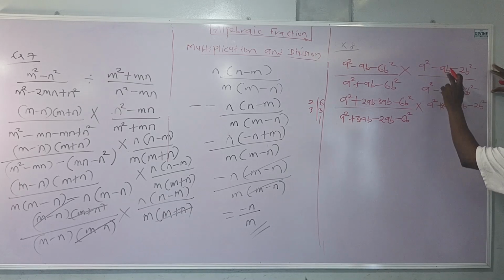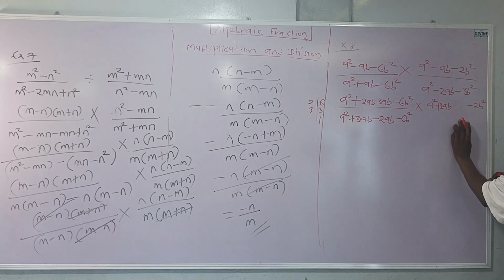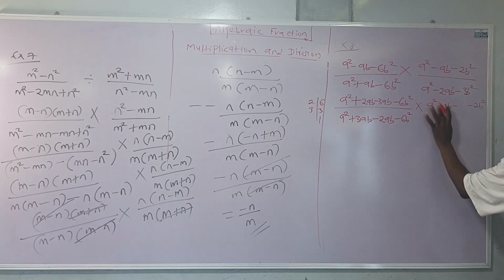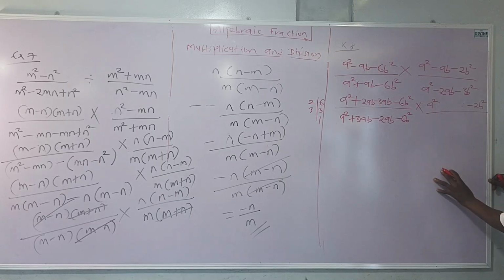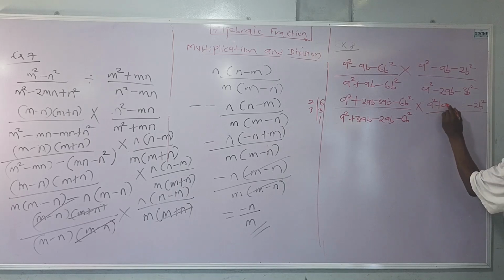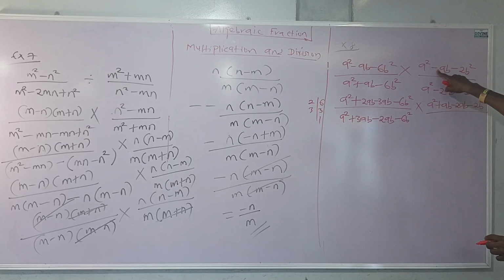Rather, this should give you positive ab minus 2ab, because 1 minus 2 will give you negative 1.